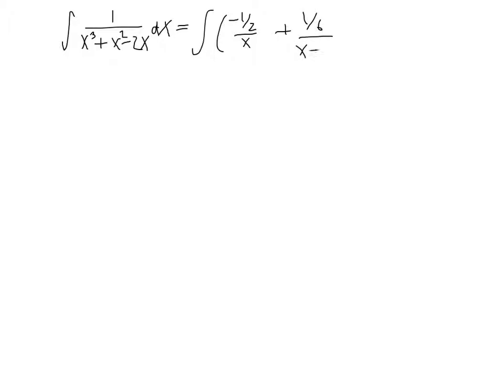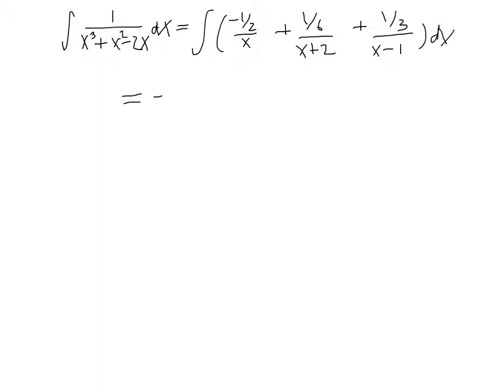Plugging in these constants, the integral of 1 over (x cubed plus x squared minus 2x) dx is the same as the integral of, a was negative 1/2 over x, plus b was 1/6 over (x plus 2), and c was 1/3, so plus 1/3 over (x minus 1).